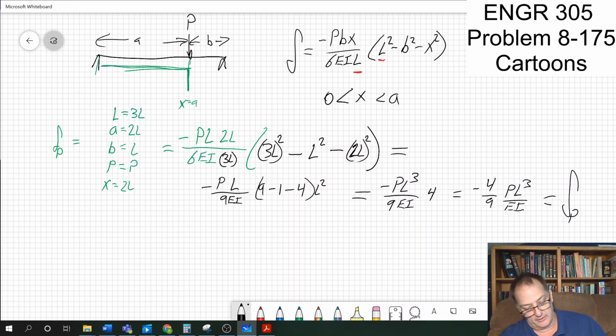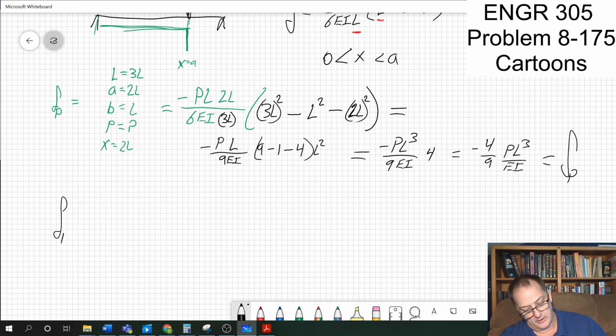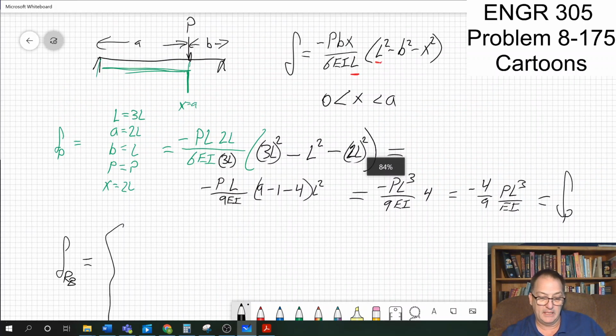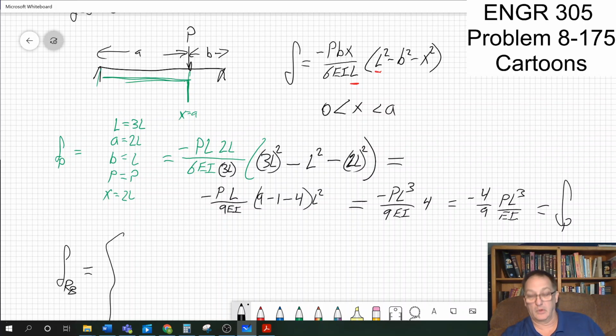Now let's do the deflection from the reaction at B. And this is going to be hard. Let's lay out all these rules, because now I have to look at my beam backwards.